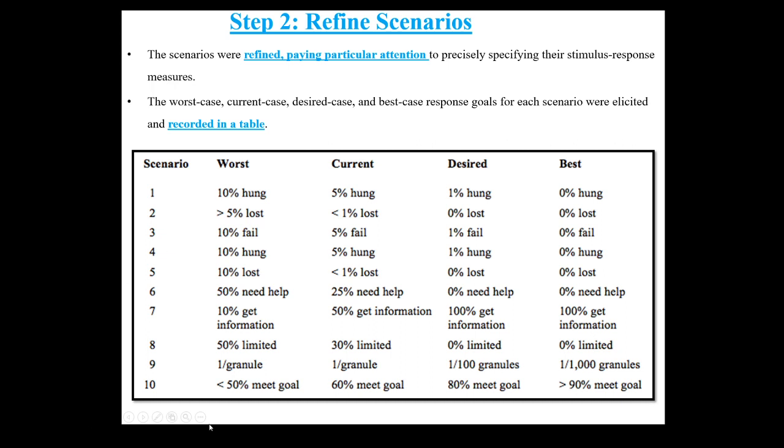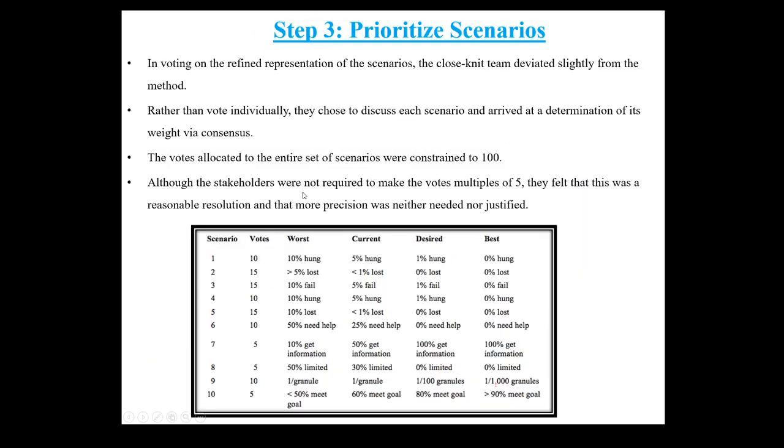There are some 10 scenarios, and all of them have been given worst, current, desired and best case values. If you take the first scenario, it has 10% hung in the worst case, 5% currently, desired result 1%, and best 0%. Like that, for each scenario there is recorded information.